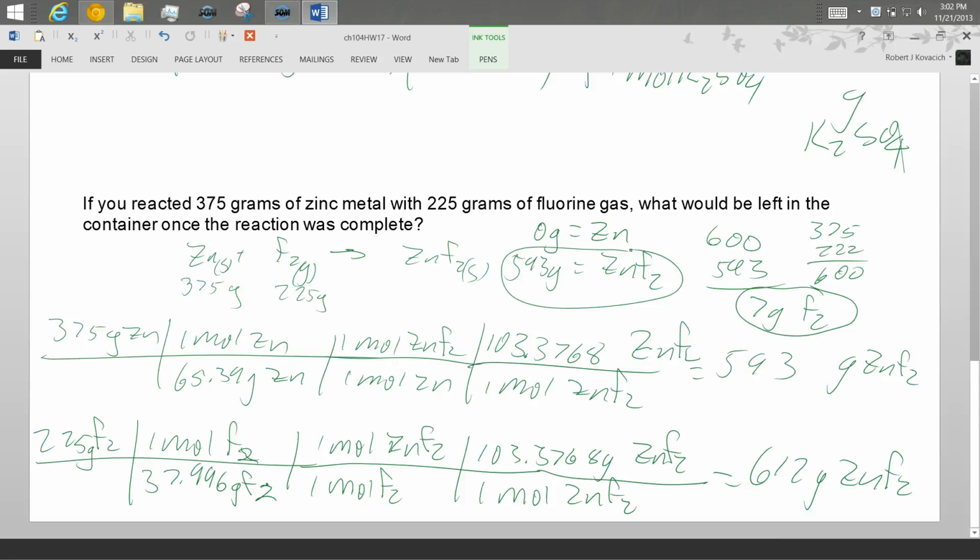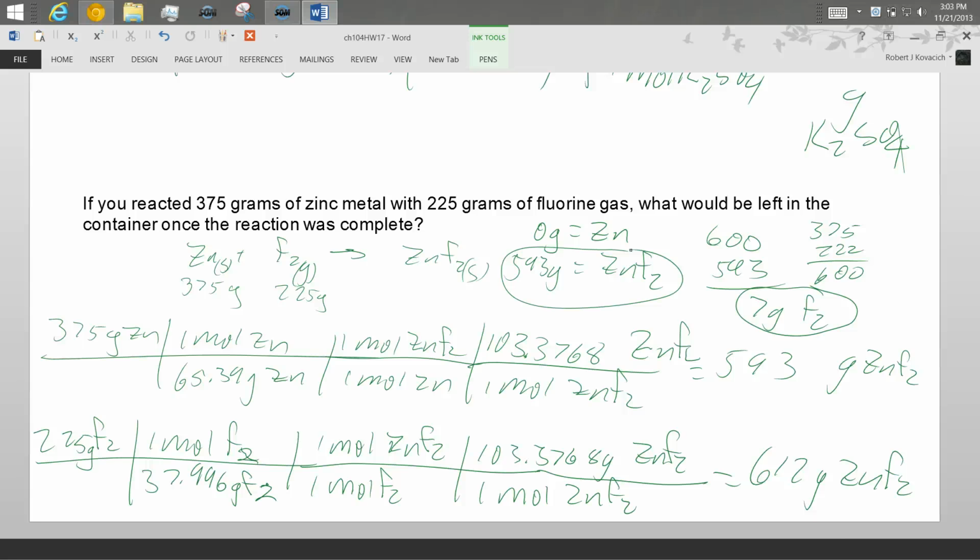If I had more than just these 3 substances, I could just do another railroad track and calculate out the fluorine that would be needed for 375 grams of zinc, and then done the subtraction from 225, and it would have told me that it was 218 is what I needed, since I know that there's going to be 7 grams left over.